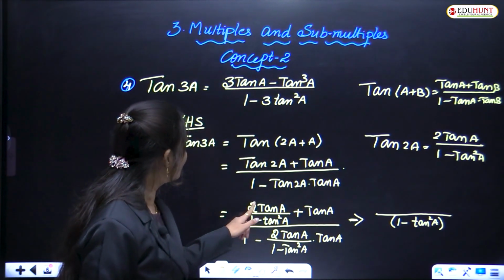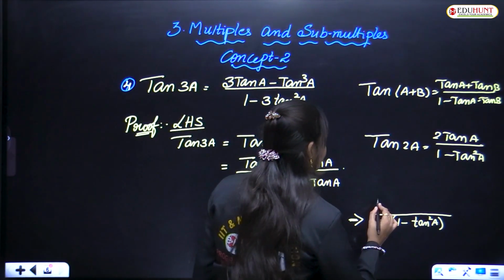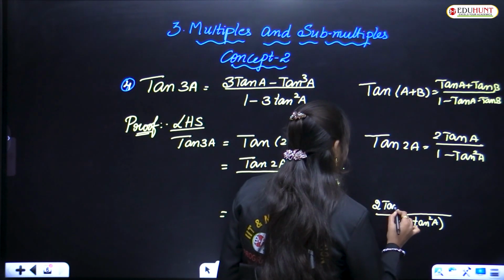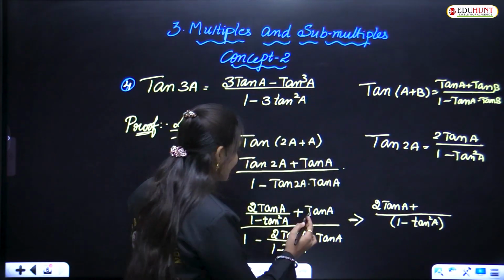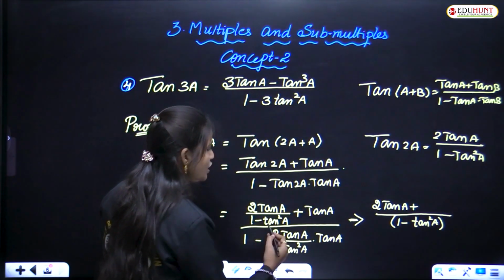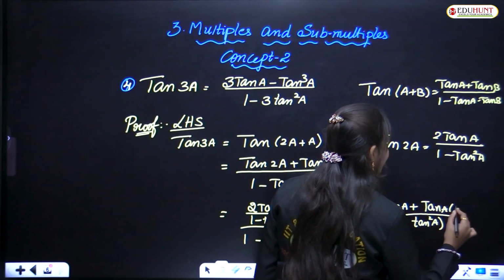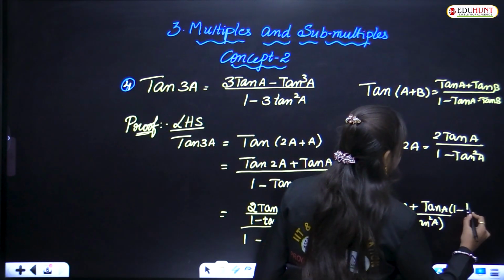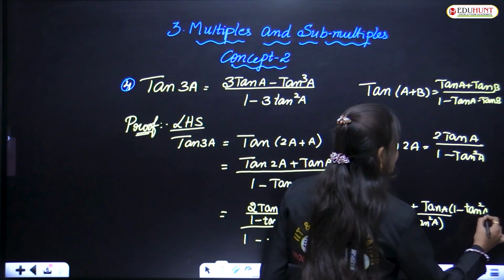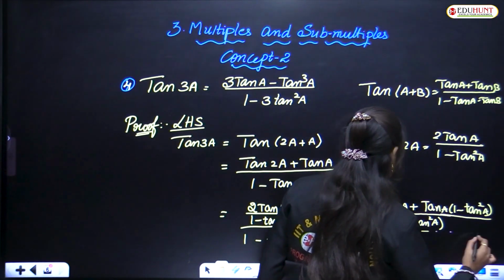Next, 2 tan a plus, and here we just have to take the cross multiplication. So tan a into 1 minus tan square a. So this is the numerator.